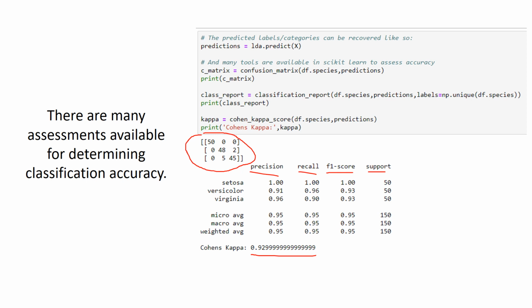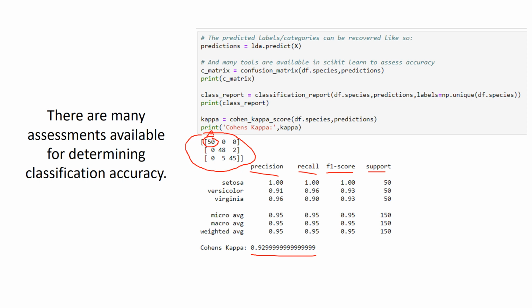So how good of a job did we do in predicting these categories? Just from our confusion matrix, I think these are going in alphabetical order, so setosa, versicolor, and virginica. We had 50 setosas, and we found 50 setosas, right?